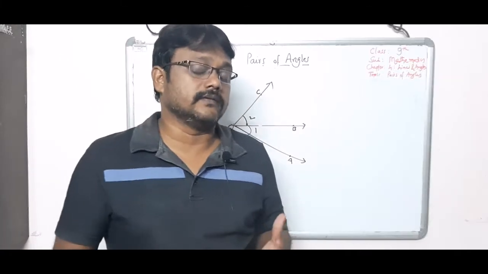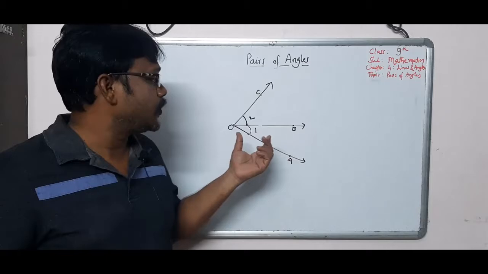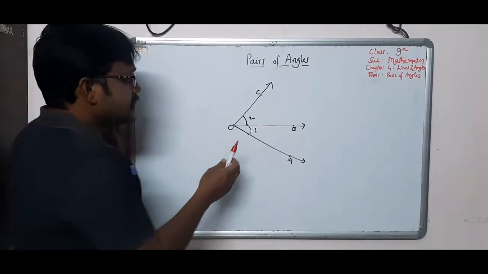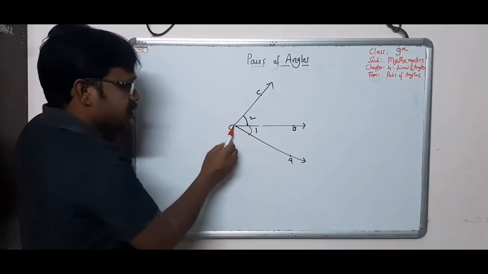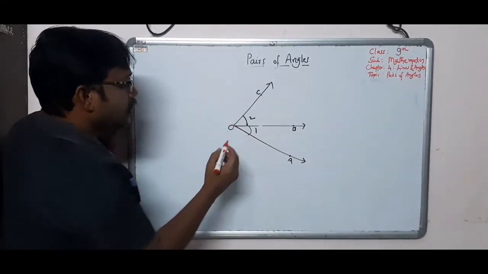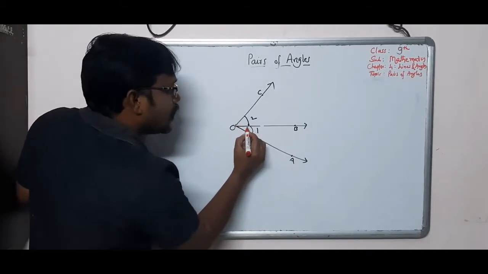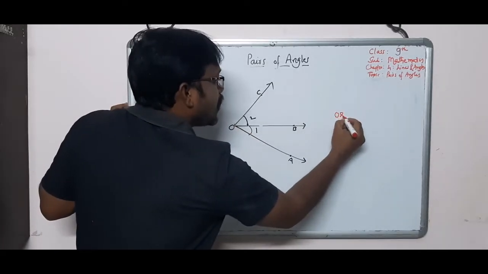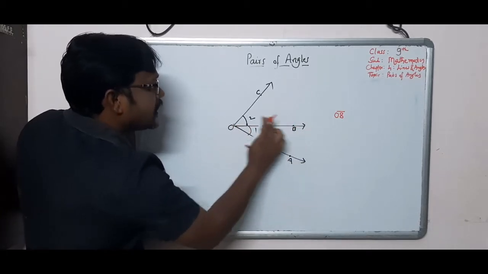This time not because of the measure, but because of the position we are going to find one more pair. See here, three rays OA, OB and OC are originated from same point O. If you observe these angles 1 and 2, they have a common arm. That means OB is common arm to both angle BOA and angle BOC.